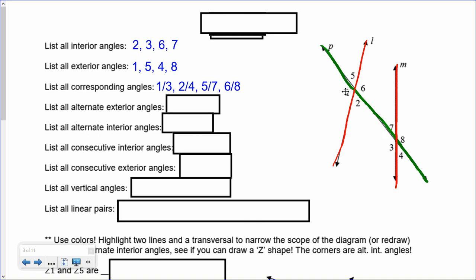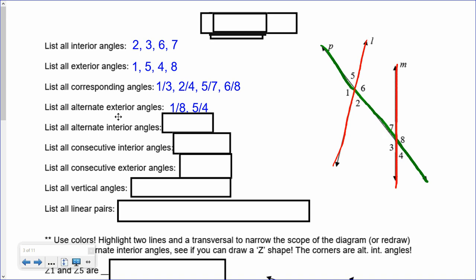So I could start with angle 1, right? That's below the transversal. The alternate exterior would be angle 8. So below, above, and they're both exterior. So alternate exterior. Same thing for 5, which is above, and 4, which is below. They're diagonal, like this, on different sides of the transversal, and they're both exterior. So these are my two pairs of alternate exterior angles.